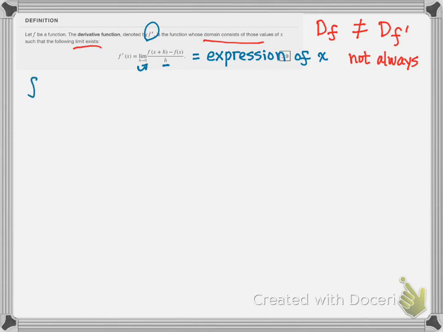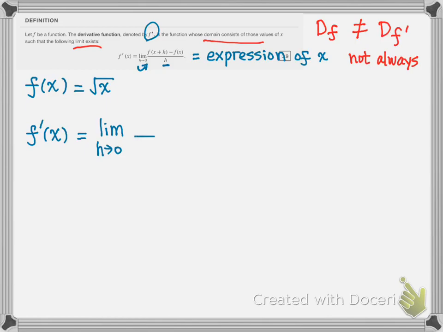So let's take a look at f of x equals square root of x. So what is f prime of x? Well, according to the definition, it's the limit as h approaches 0 of f of x plus h.